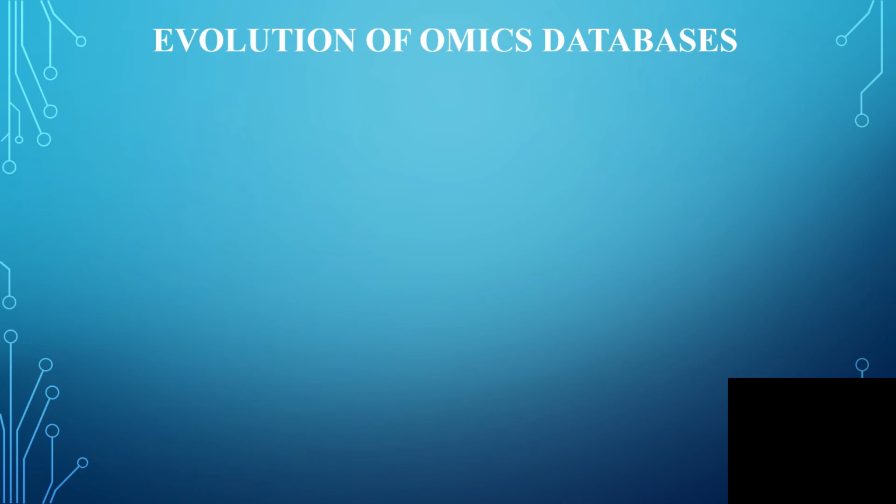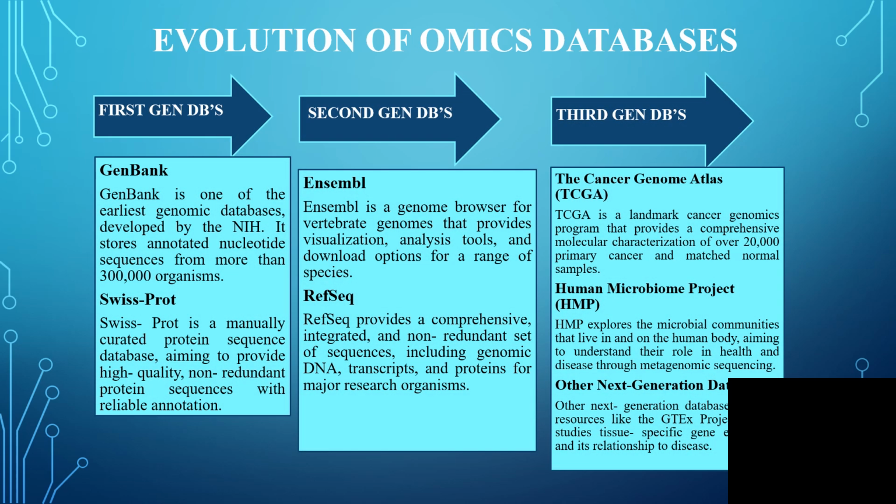Next, let's look at how omics databases have evolved over time. First generation databases include GenBank and SwissProt. GenBank stores nucleotide sequences and has been used globally for fundamental research. For instance, GenBank was instrumental in identifying the SARS-CoV-2 genome early during the COVID-19 pandemic. SwissProt provides curated protein information, such as functions of enzymes and how they interact in biological systems.